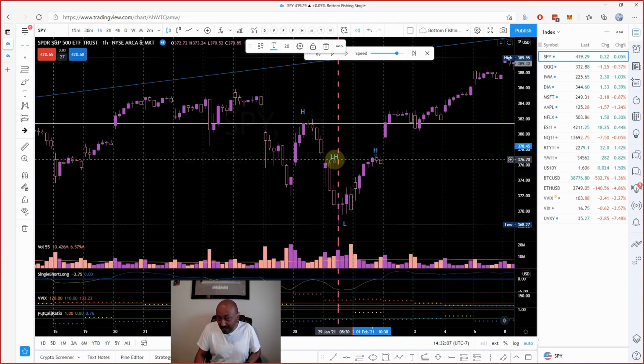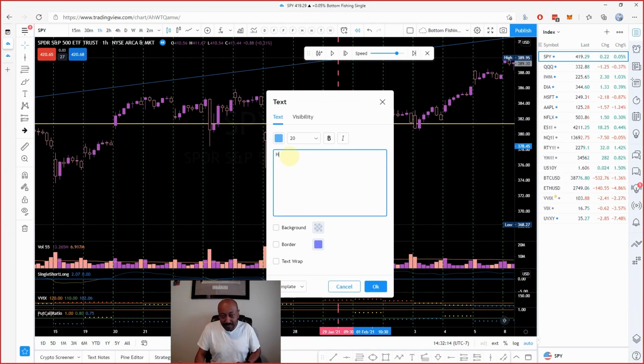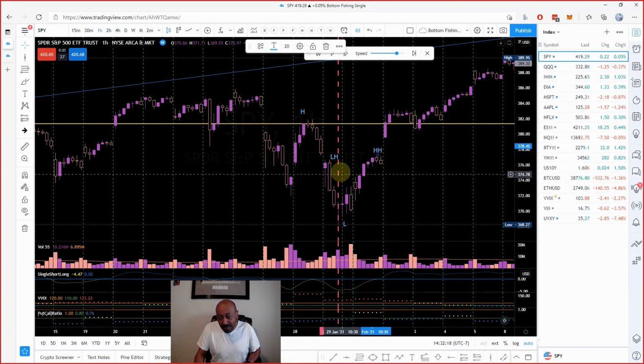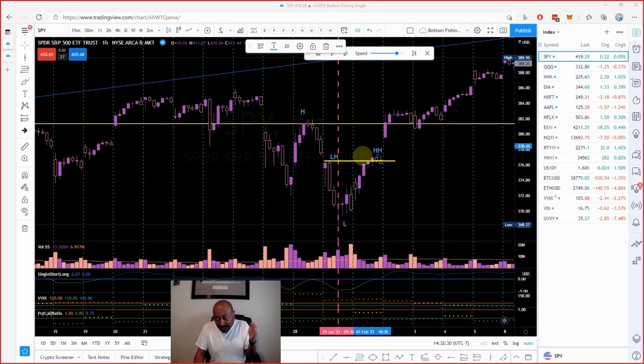But from this, because the last one you have to look at, we are actually making a higher high. Why? Because we are breaking, let me get a line for you here, we are breaking this high. So we look at the immediate left turning point first. Because we broke this high, this is a higher high.